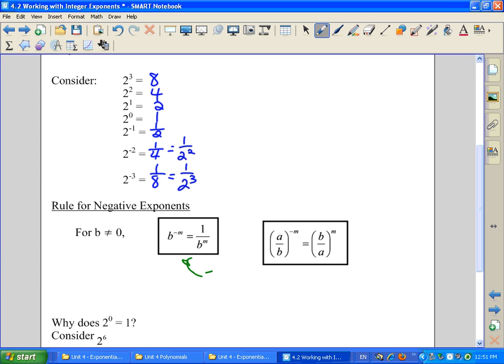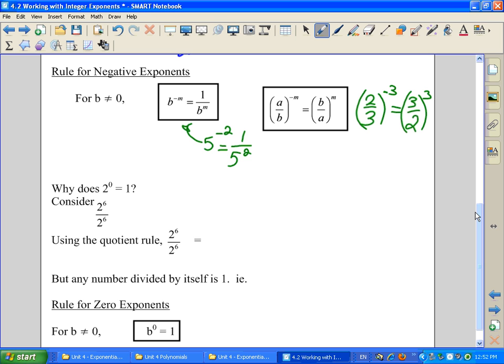So for example, if I had 5 to the -2, that's going to equal 1 over 5 to the power of 2. What happens if we had a fraction base, ladies and gentlemen? What if I had 2/3 all raised to the -3? Well, basically, you flip it or find the reciprocal. So 2/3 becomes 3 over 2. And now the expression becomes positive with the exponent.